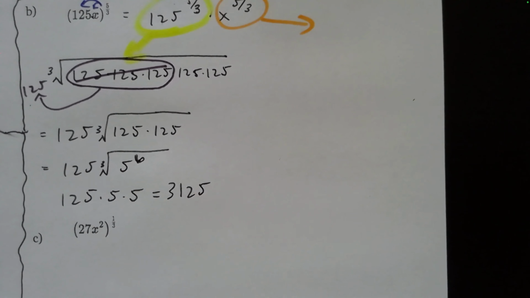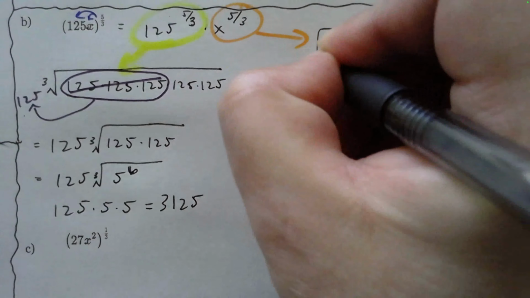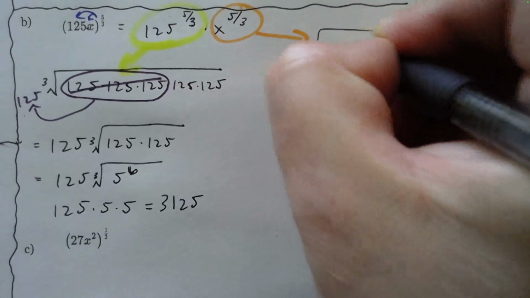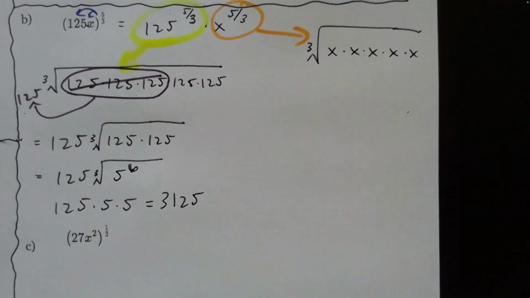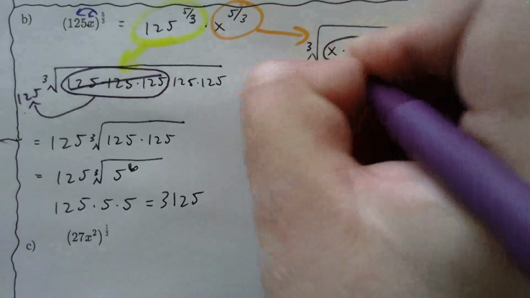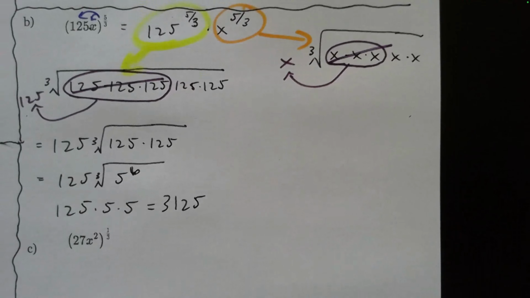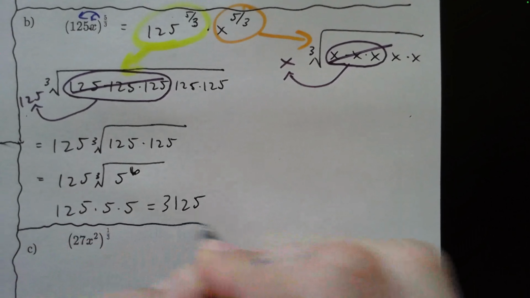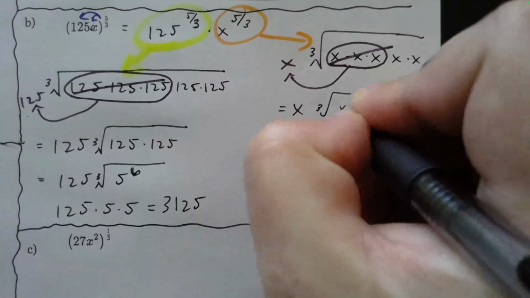Now I'm going to go back to the x. The x's aren't that bad because you don't have to break down anything. This guy is just x times x times x times x times x. There's 5 of them, right? That's what the 5 on top means, and the 3 means looking for groups of 3. I only got one group. So I got x, 2 left over.